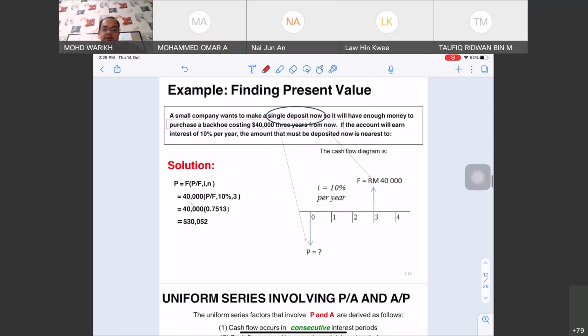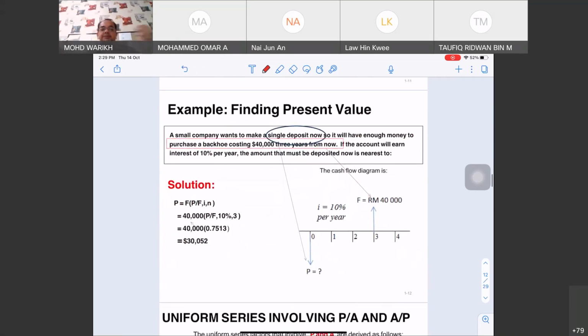So next example here. A small company wants to make a single deposit now. The keyword here is a single deposit now. So it will have enough money to purchase a backhoe costing 40,000 ringgit 3 years from now.